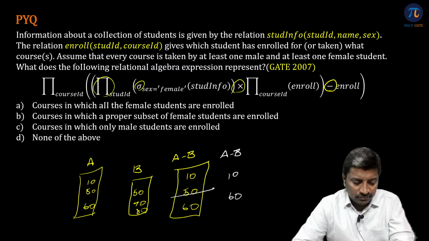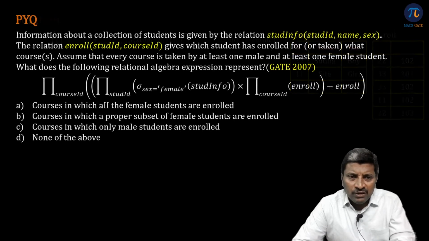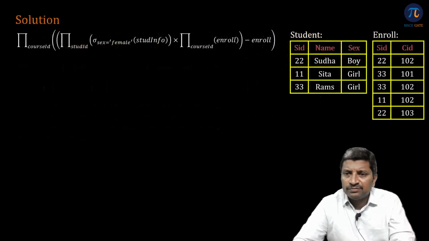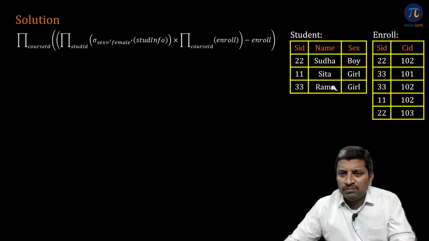Now let us do it. I think they assume that every course is taken by at least one male student and one female student. Okay, let us take this is Rama. Let us have one more.